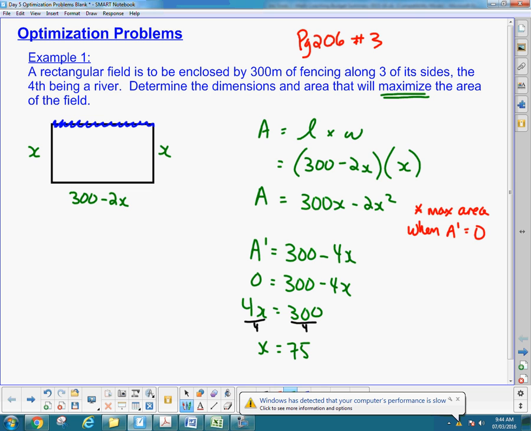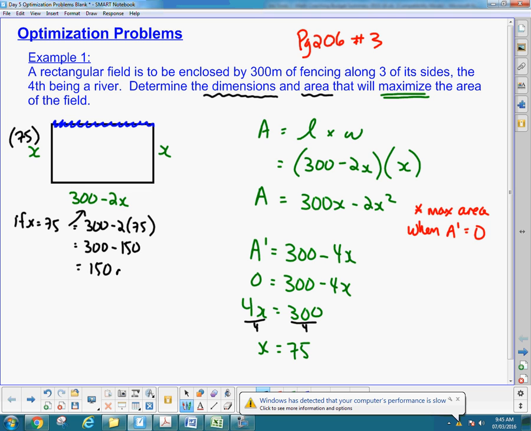Now, of course, we have done some math. We have to go back and make sure we read the question here and answer it. So we have to determine the dimensions and the area that will maximize the area of this field. So I have one side is x, so that means this side is x. So if x equals 75, then this side is going to be 300 minus 2 times 75. 300 minus 150 is 150 meters.